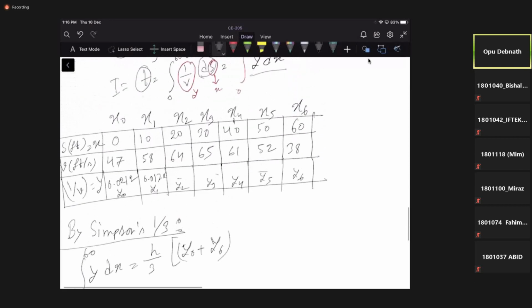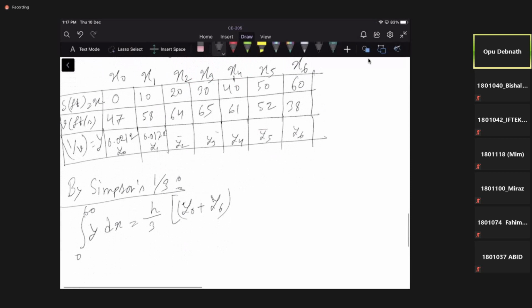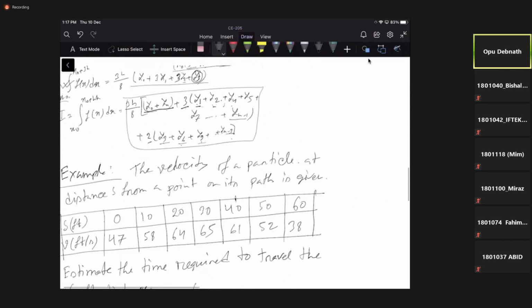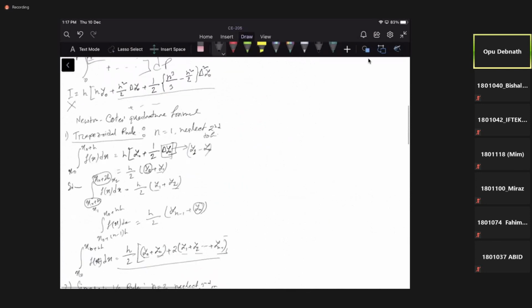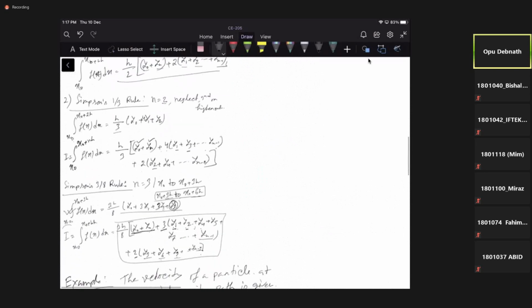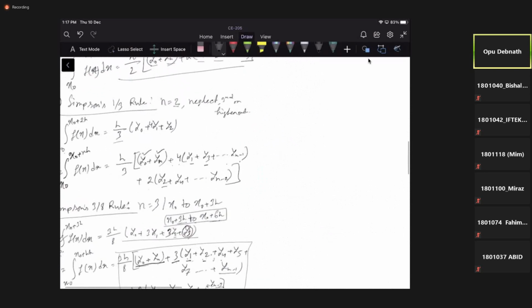Here our last term is 6, so y0 plus y6 plus 2 of y2 plus y4, plus 4 of y1 plus y3 plus y5. Okay, because as per the rule, the Simpson 1/3 equation is like this: first term plus last term plus summation of odd terms, that means y1, y3 up to n minus 1, multiplied by 4, and even terms multiplied by 2.